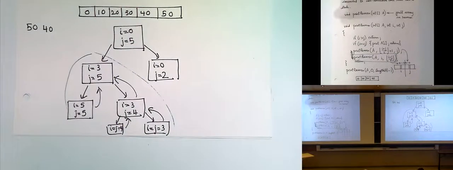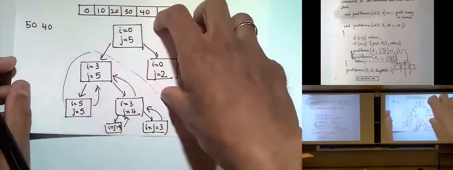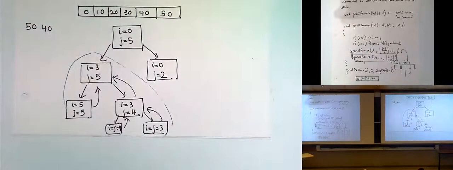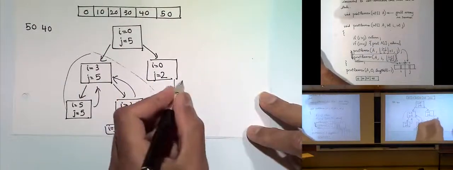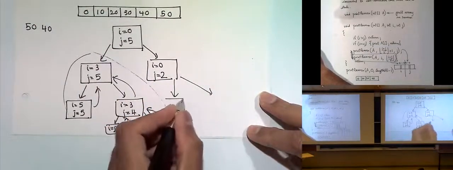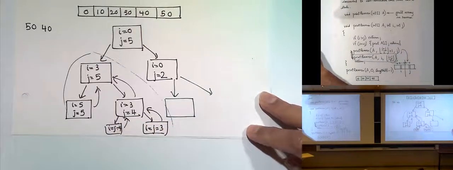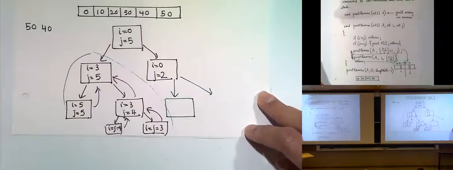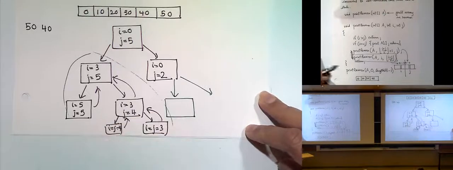Now I'm going to simulate this process using a stack. Suppose I don't want to use recursion. Or rather, I want to think of the traversal. Let me write down all of these. When i is equal to 0, j is equal to 2, what is it going to be?